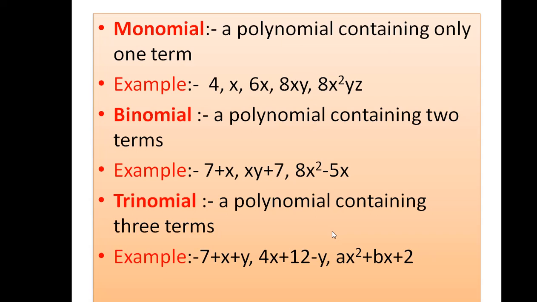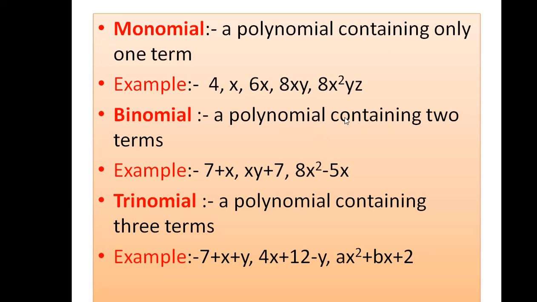Then binomial, a polynomial containing two terms. Example: 7 plus x. 7 is one term, x is one term. They are connected by the operator plus. So this is two terms. Two terms in a polynomial is called a binomial.